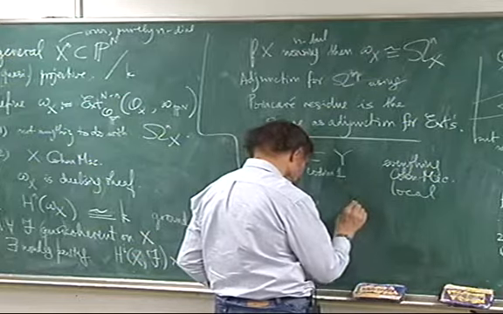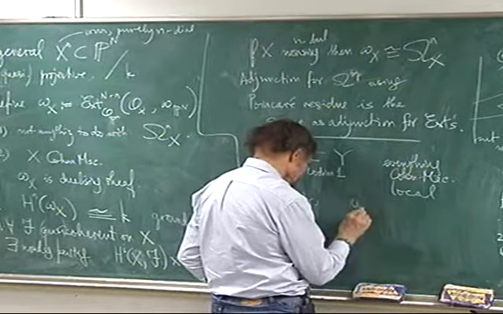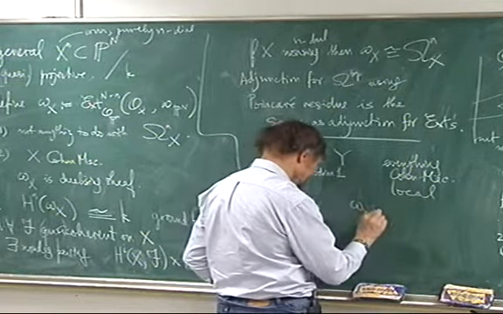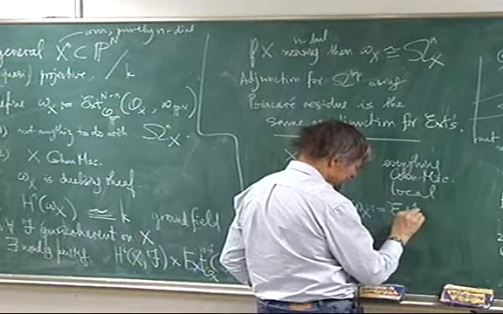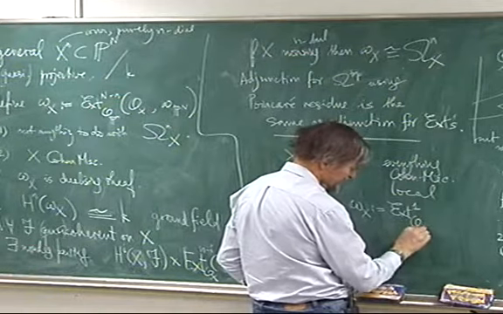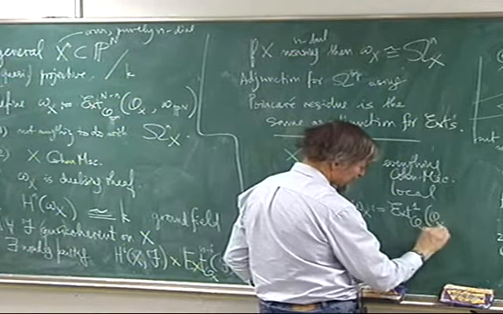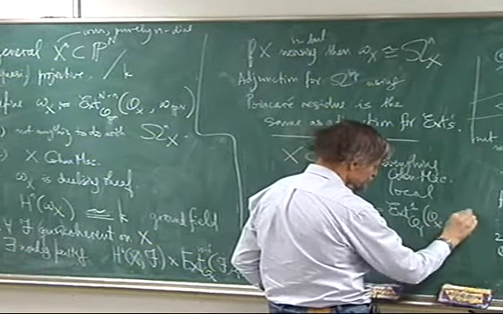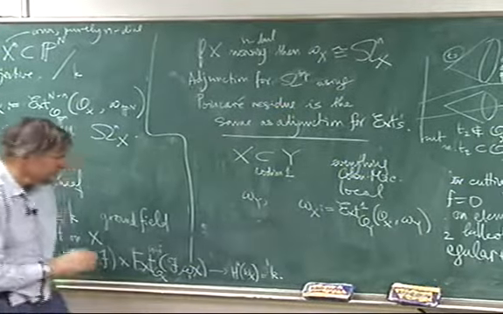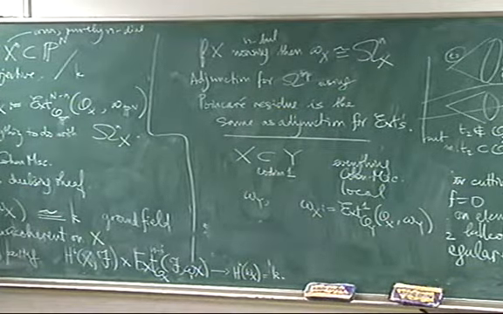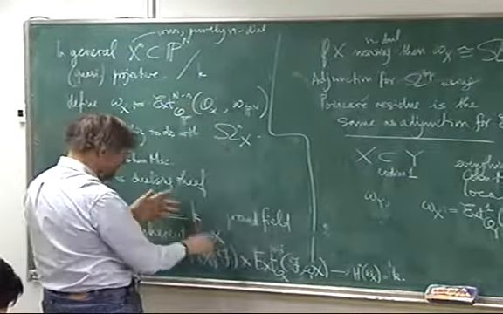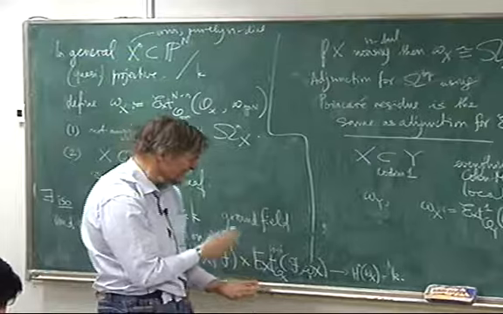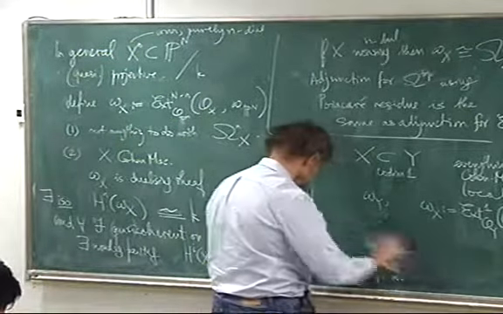I want to justify that omega X is Ext^1 of O_X into omega Y. There are lots of different Ext's here; I can compose Ext in the same way that I compose Homs.